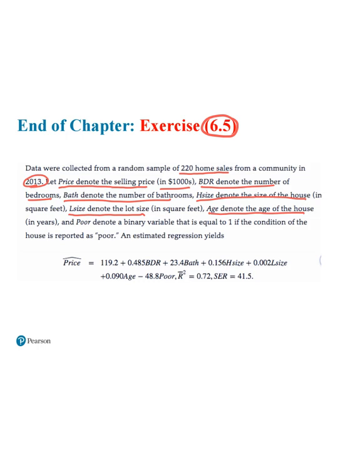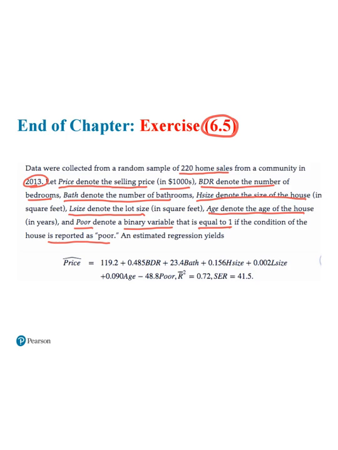And we also have a binary or a dummy variable, poor, that is going to be equal to 1 if the condition of the house is reported as poor. So unfortunately, you don't qualify your house as in good condition or poor condition. You have an evaluator that gives the green light or a big red flag, and you just have to deal with it on the market. Right? So that's a binary random variable that you do not control.